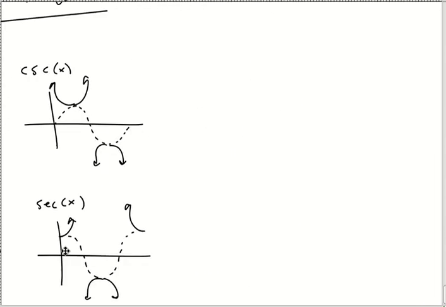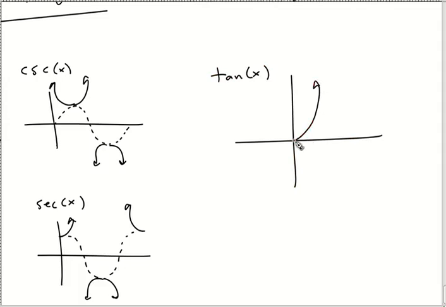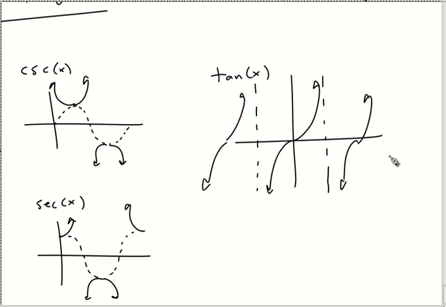Okay, let's do some more. I have tangent. So this is a little different now. Tangent looks kind of like a cubic, but there are vertical asymptotes right here, and then another one here, and another one here. But we're only focused on this little part here. Because these were sines and cosines, we were going out to 2 pi, like usual.